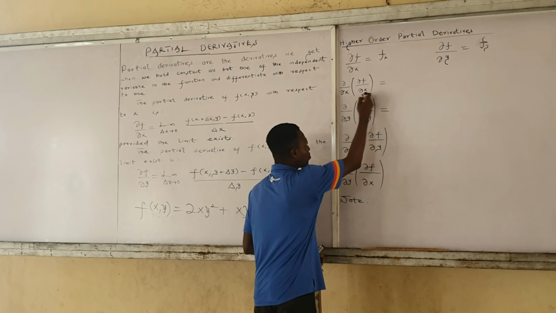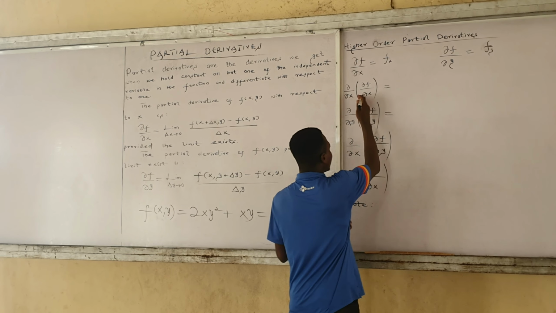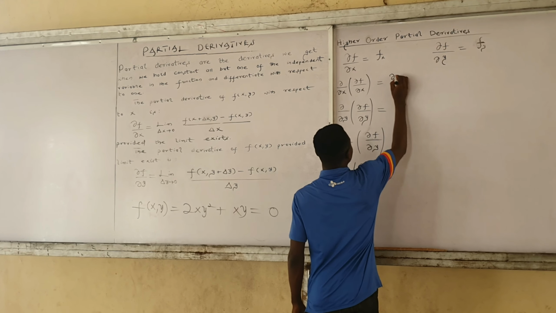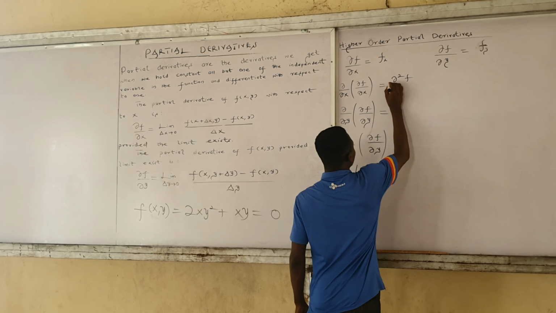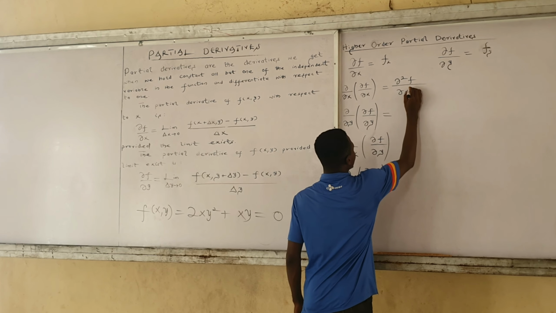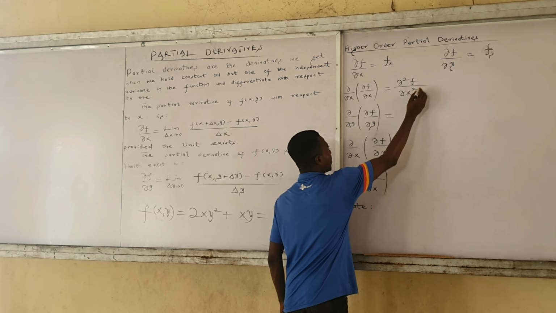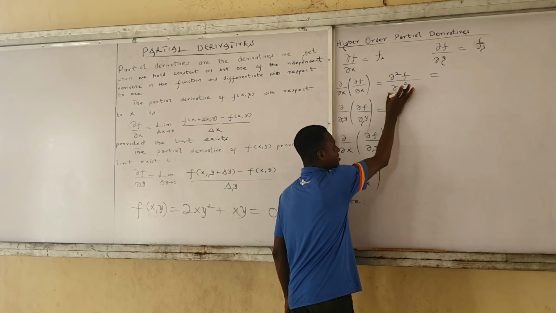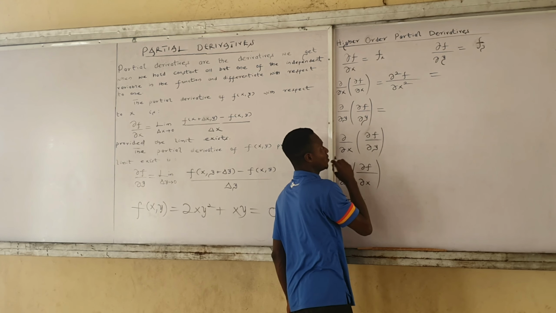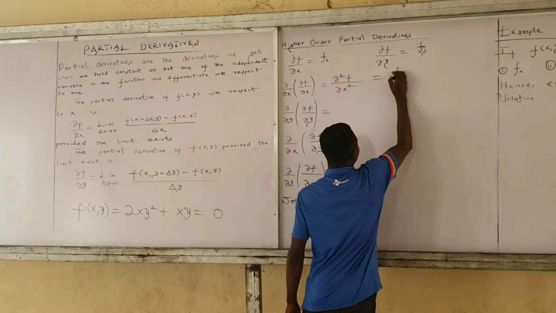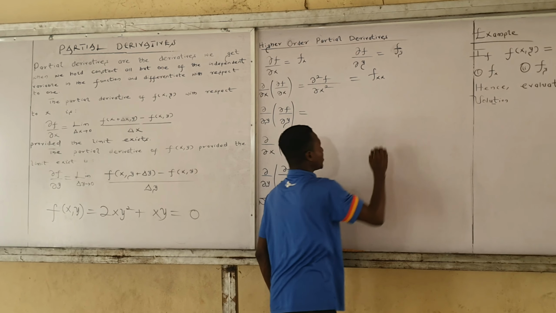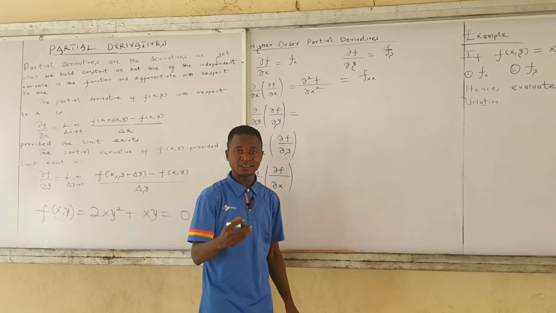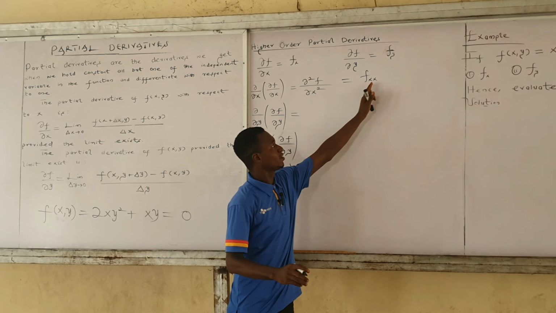We can express this second partial derivative as ∂²f/∂x². That is what it is. We can also express this second order partial derivative as f subscript xx, indicating that the function has been partially differentiated twice with respect to x.